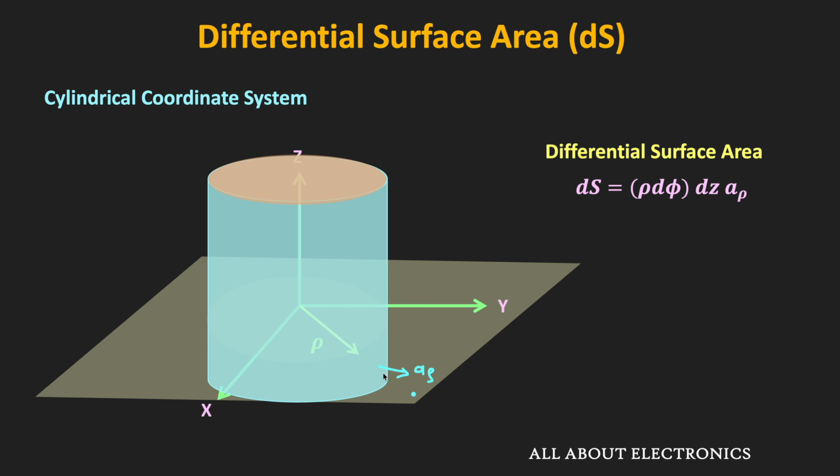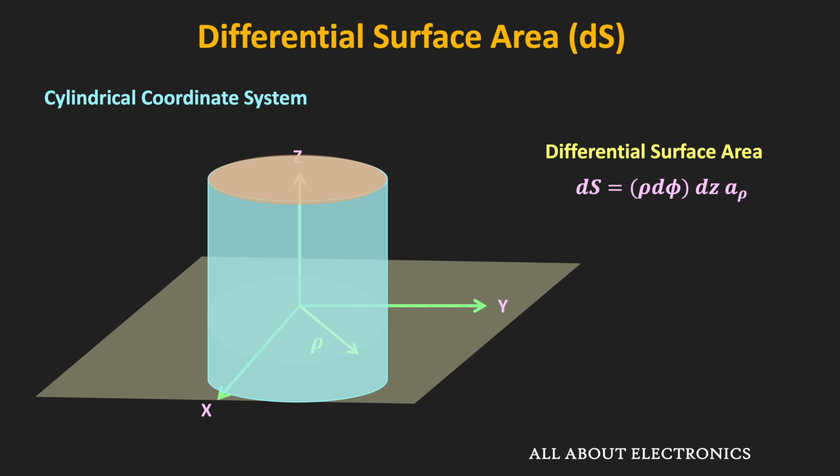So we can say that when the rho is kept constant, then in that case, this differential surface area can be given as rho times d phi times dz times a rho. So if you are not able to visualize it, then just remember that this differential surface area ds will point in the direction of the variable which remains constant. So in this case, that is equal to rho, and therefore it will point in the direction of the arrow.